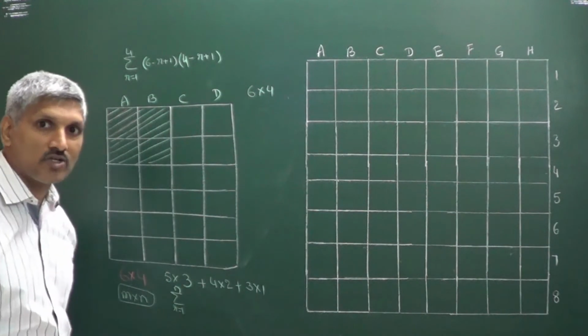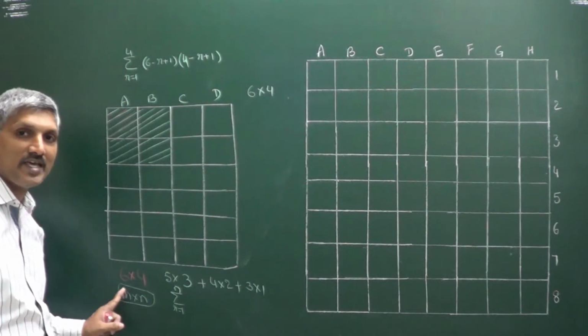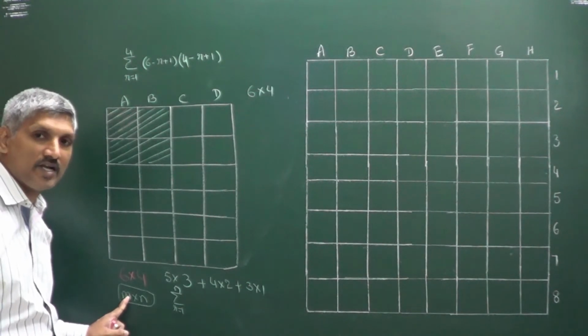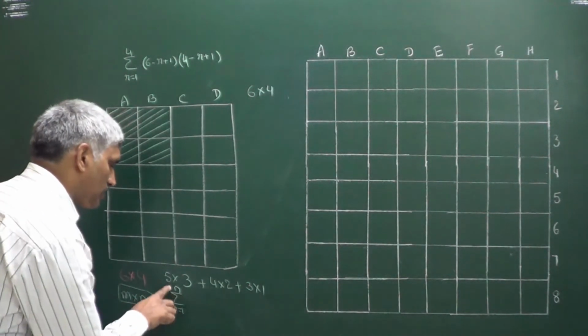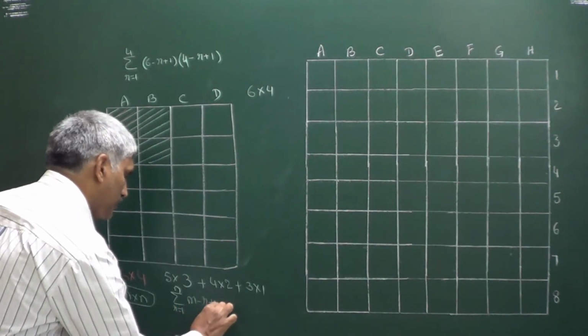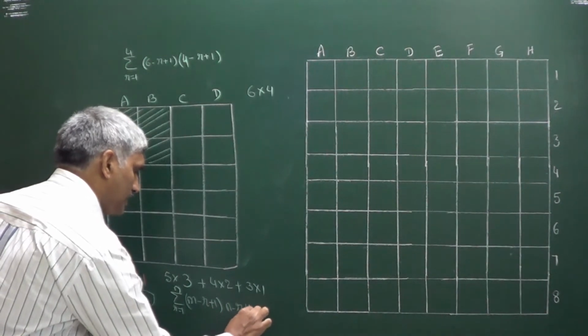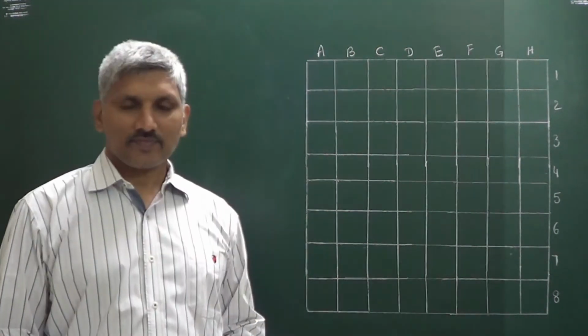Why am I writing 1 to n? Because n is less than m, that means m is the bigger number, so r runs from 1 to n. We can write (m minus r plus 1) into (n minus r plus 1). This summation is the answer.